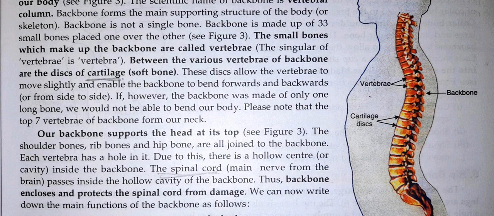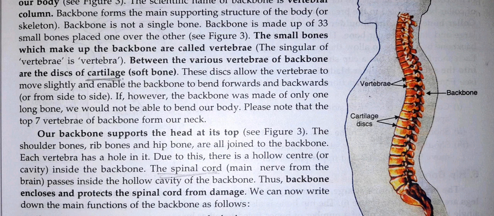Our backbone supports the head at its top. This backbone, which is made up of 33 vertebrae, 33 bones, from the top side supports our head. It gives support to your head.